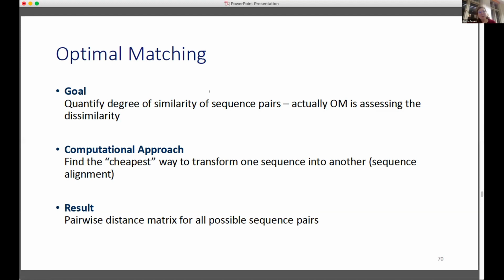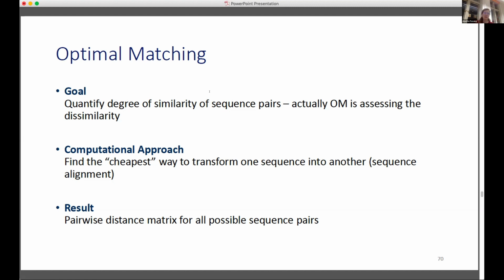This is a method of alignment where, to determine similarity, I ask how many changes I have to make to turn sequence A into sequence B. Let's say they are completely identical and only at the end they have two different states. I only need to make one change to turn sequence A into sequence B. But if they are very different, I would have to change very many elements to turn one into the other, and this would amount to a high so-called transformation cost.